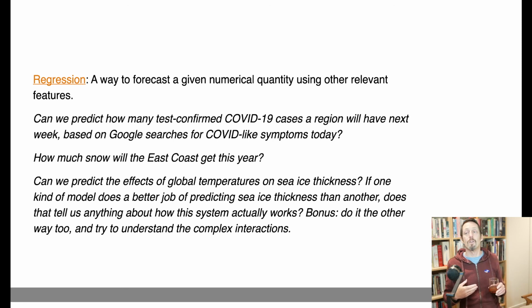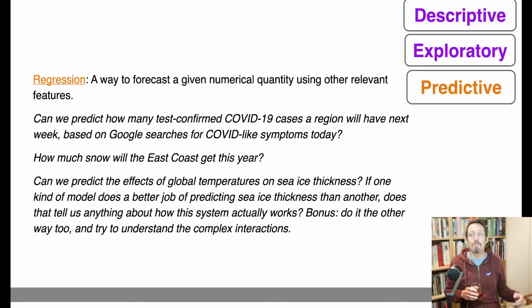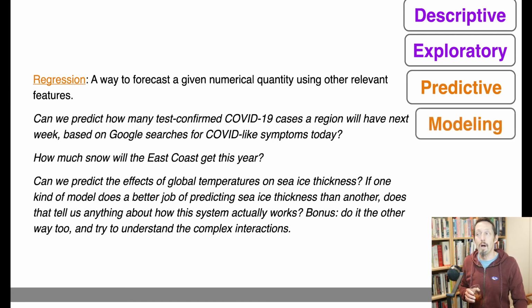Okay, so there's a closed loop where temperatures affect sea ice thickness, which affects temperatures, back and forth. And we try to understand these complex interactions. Okay, so isn't that fun? So this is fundamentally a predictive exercise, but it can also be a causal exercise as well. Okay, it can be doing modeling.